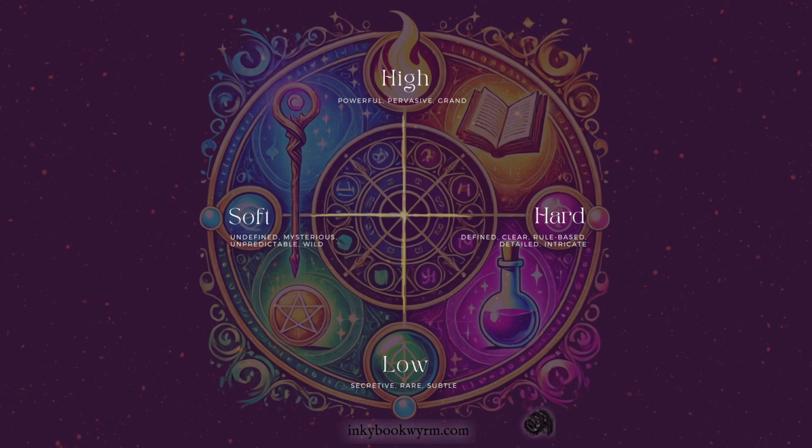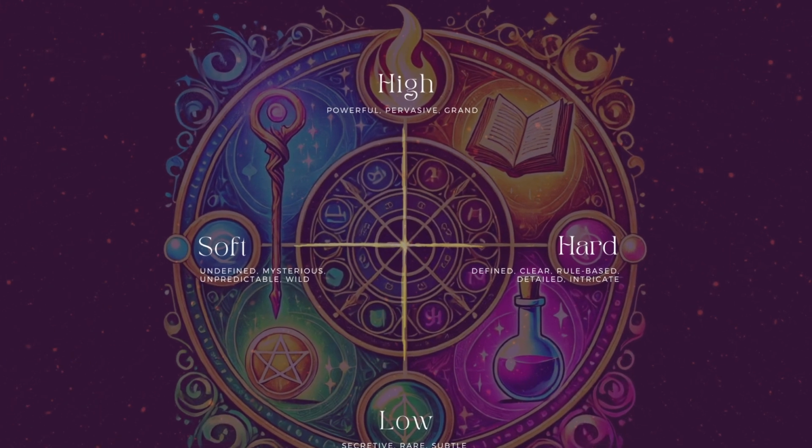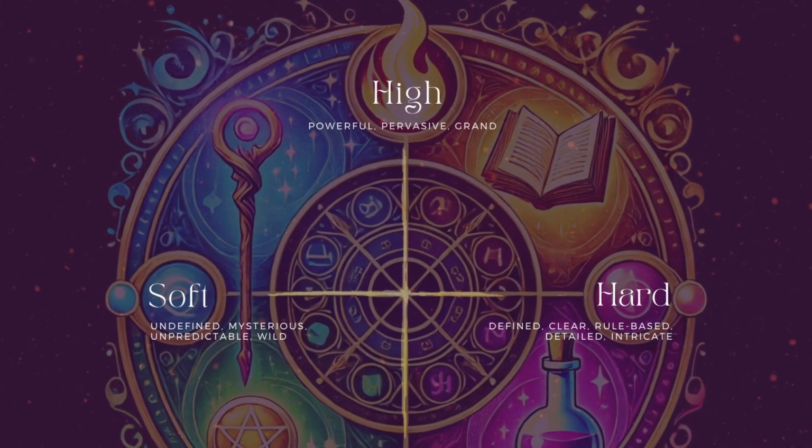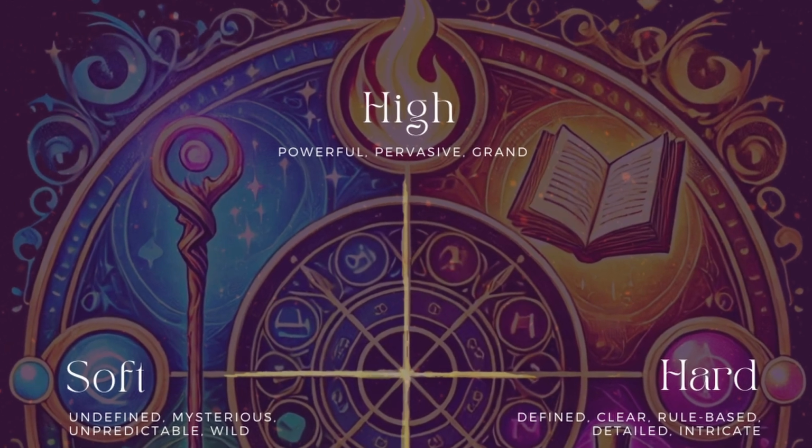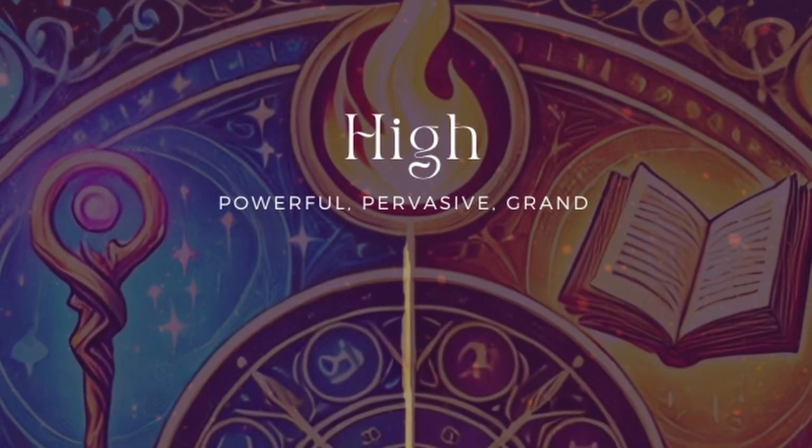Starting at the top of the chart, the first core magic system type is a high magic system. When we talk about high magic, we're talking about a world where magic is widespread and influences nearly every aspect of life. Think of Harry Potter or Avatar: The Last Airbender, where magic is more than a part of the plot.